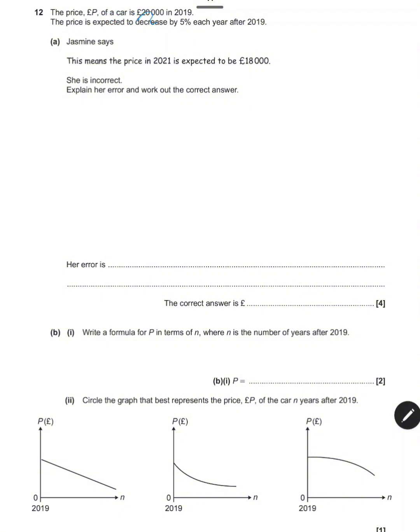Question 12, and we've got the price of a car being £20,000, and it says it's expected to decrease by 5% each year. And Jasmine says that it's expected to be 18,000 after 2 years. And she's made a mistake. We just need to explain what's happened. So let's have a look what we think she might have done. If we look at 10% of 20,000, well, that's going to be, just divide this by 10, £2,000.